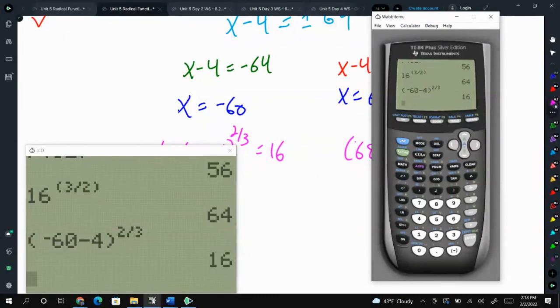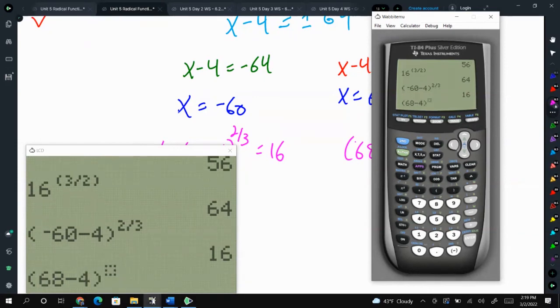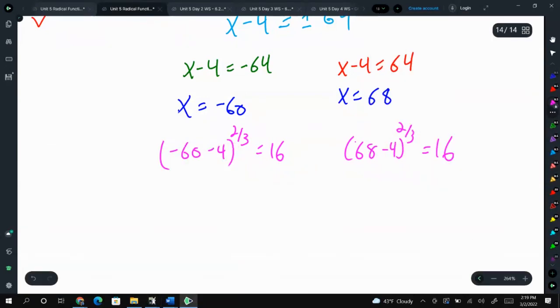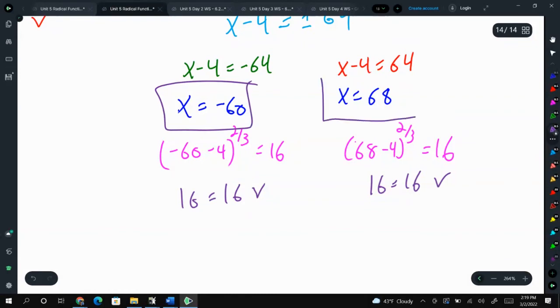And then I'll try the other one. 68 minus 4, parentheses closed, raised to the 2/3 power, and we get 16. So for both of these, we get 16 equals 16, which is a true statement. So both of these are viable solutions.